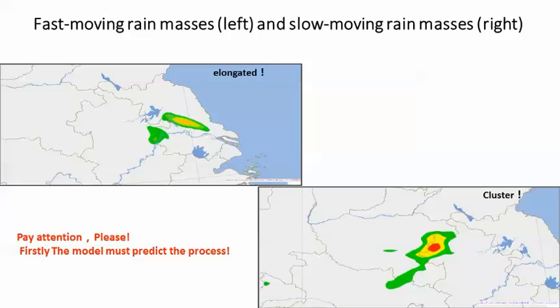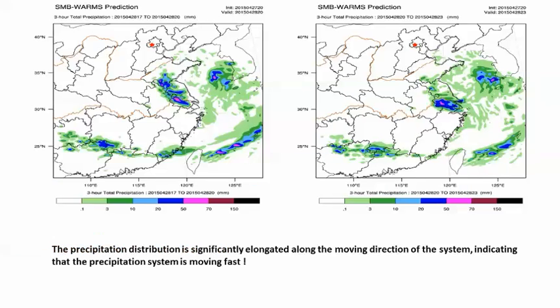The elongated mode is the fast-moving rain masses, and the cluster on the right is the slow-moving masses. The precipitation distribution is significantly elongated along the movement direction of the system, which indicates that the precipitation system is moving fast.